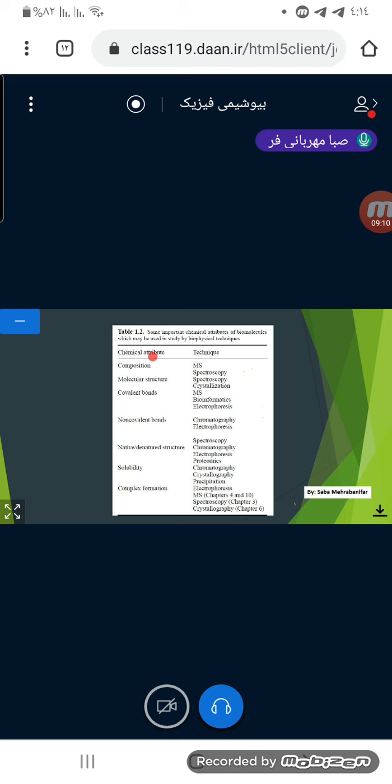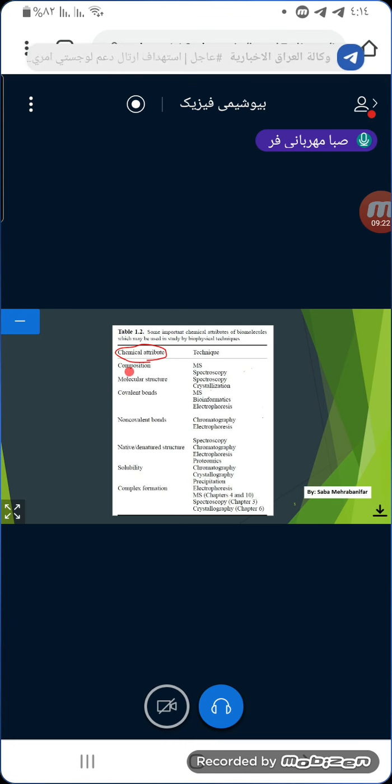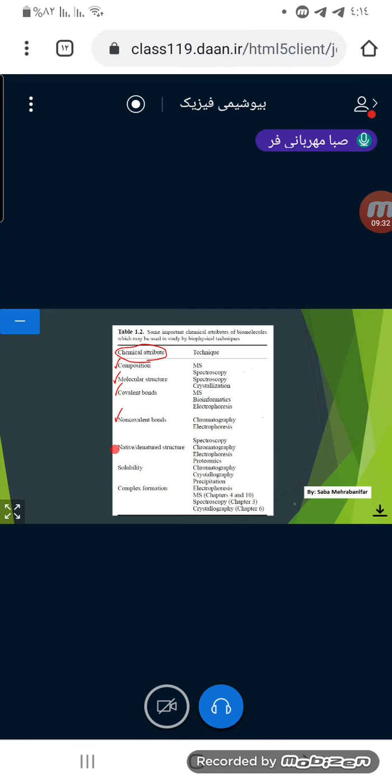Imagine you want to know something about the chemical characteristics. Like what? Composition, molecular structure, covalent bonds, non-covalent bonds, native or denatured structure.